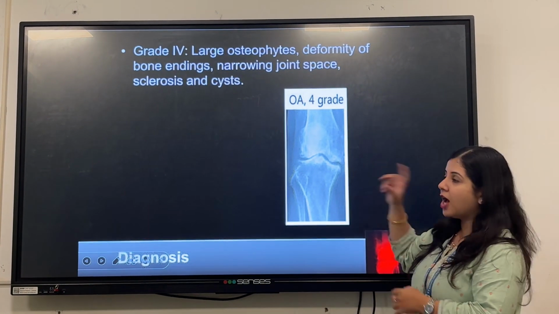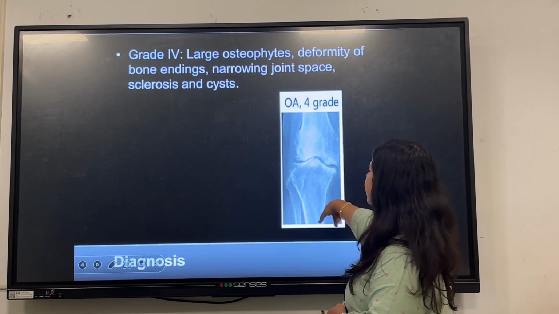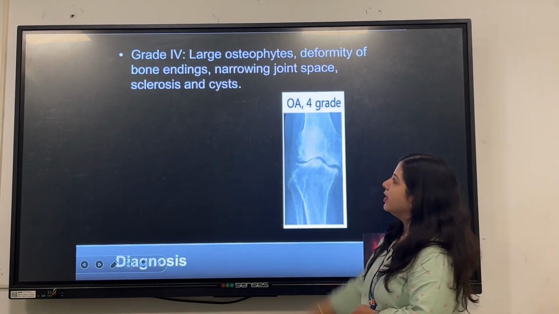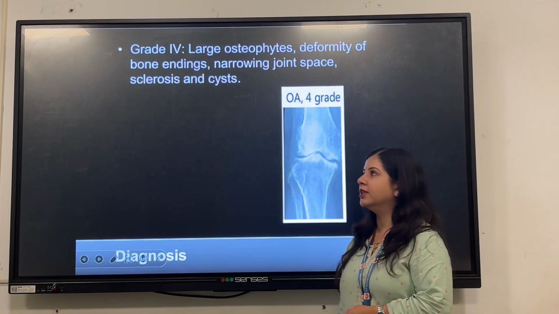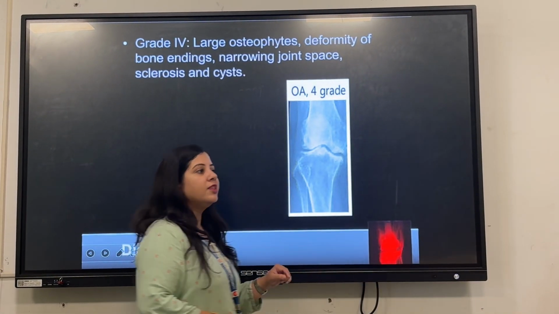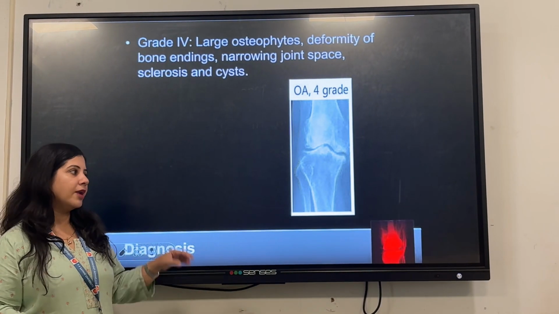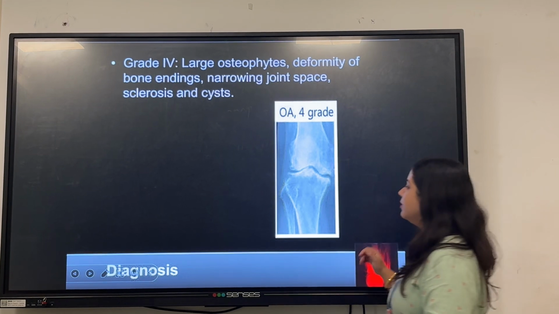That means there are large osteophytes, deformity of bone endings, narrowing of joint space, sclerosis, and here you can see cyst formation. So there are 4 grades, known as the KL grading system, that is the Kellgren and Lawrence grading system, which is very important.